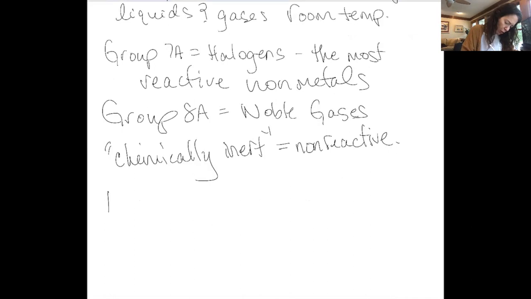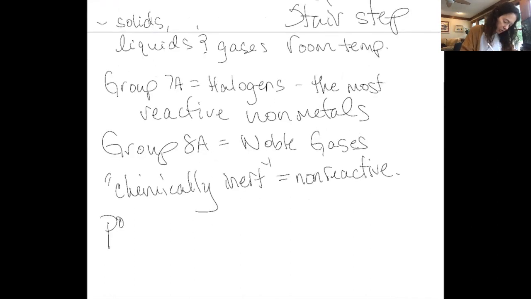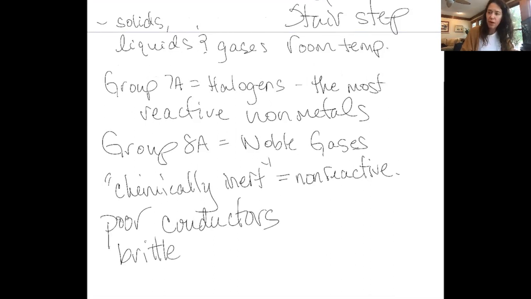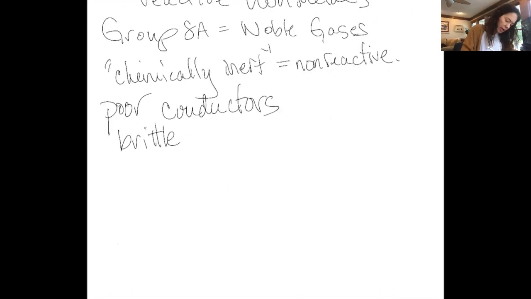Nonmetals are poor conductors of electricity and heat. They are brittle. They break easily, if in fact they're solids. Some of them, a lot of them, are liquids and gases. I'll get to that later. Br2 equals liquid.